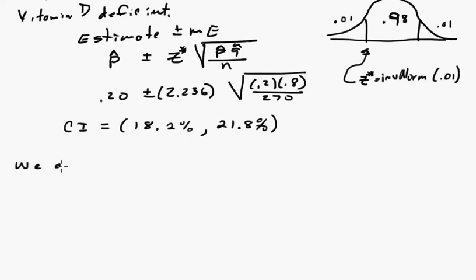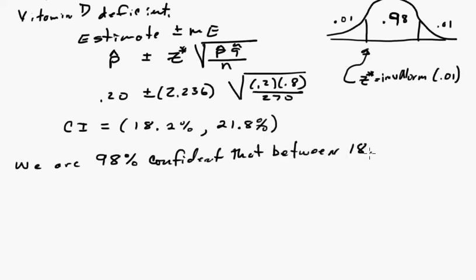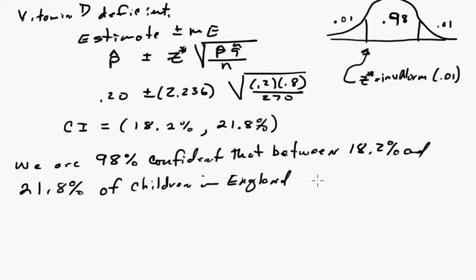So we would say that we are 98% confident that between 18.2% and 21.8% of children in England are deficient in vitamin D. Okay? That's how you interpret the confidence interval.